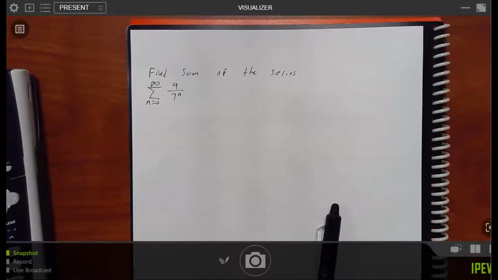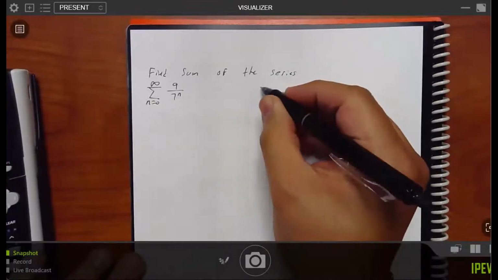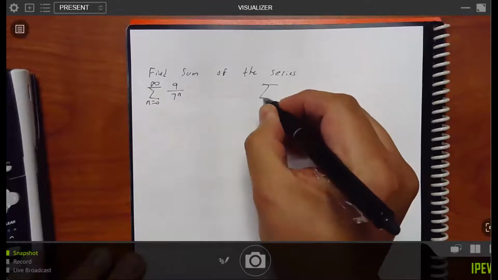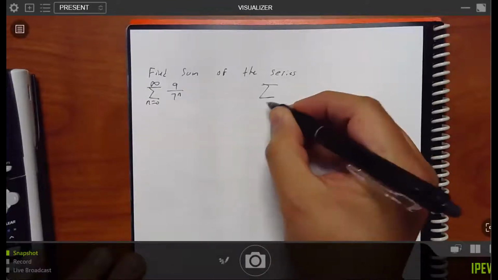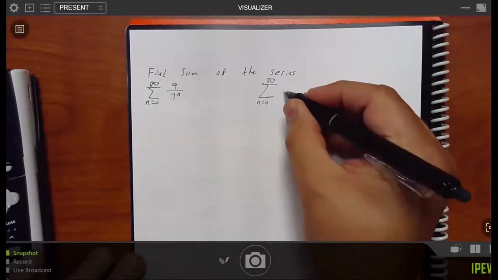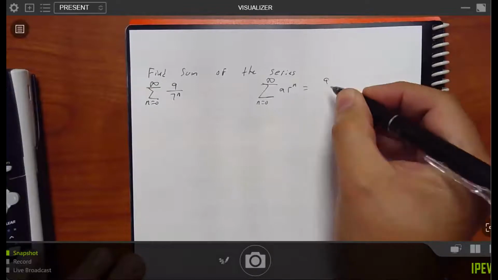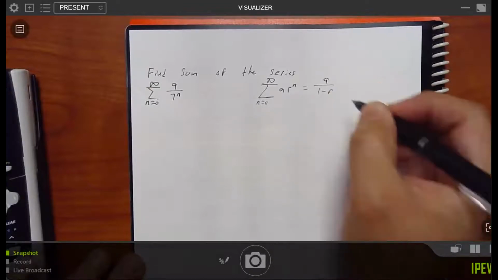There it is. That was the sum of n equals 0 to infinity of AR to the n is equal to A over 1 minus R.